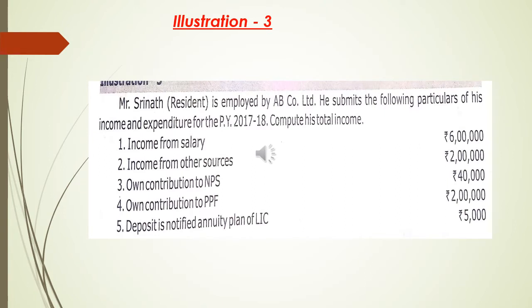Under this illustration, I am trying to explain the concept of 80C, 80CCC and 80CCD and put together a combination of all the three, how to do the tax treatment. Let us understand that.